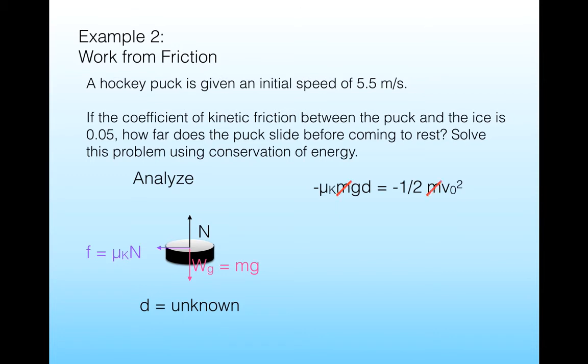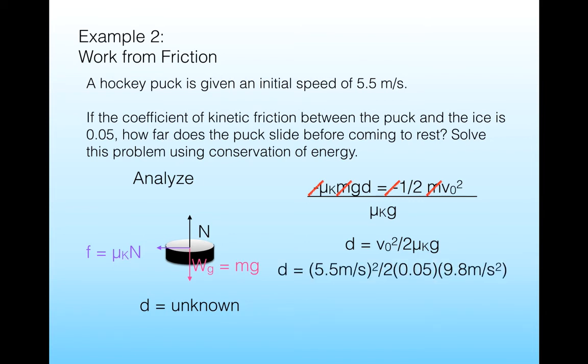First thing we can do is cross out the mass from both sides, and then we can also cross out the negative signs. We can divide the whole thing by mu sub k times g, and that gives us the distance, which is our unknown that we're looking for, on the left-hand side, and we get on the right-hand side v naught squared divided by 2 mu sub k times g.